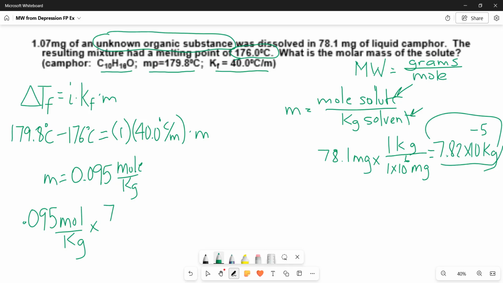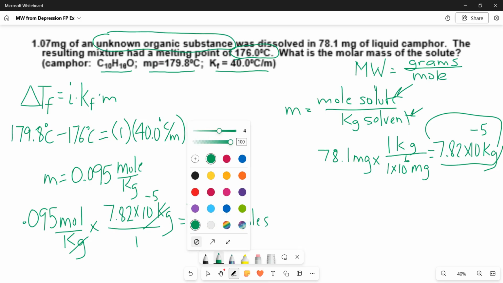Oops. So 7.82 times 10 to the negative 5th kilograms. That's over 1. See, the kilograms fall out, and we're left with the moles of solute. So it's 7.42 times 10 to the negative 8 moles.